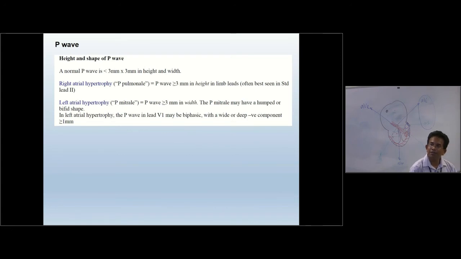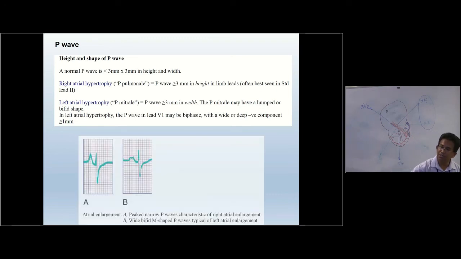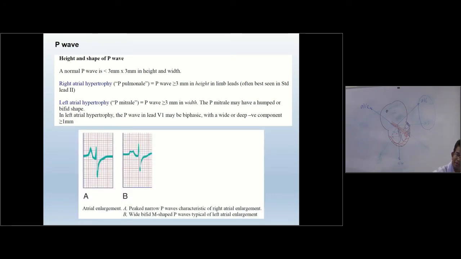Sometimes you might get right atrial enlargement, a bigger right atrium. Then you will see the P wave is very peaked, like a tent shape, which is given in diagram A. One of the pathologies associated with atrial enlargement could be tricuspid stenosis.